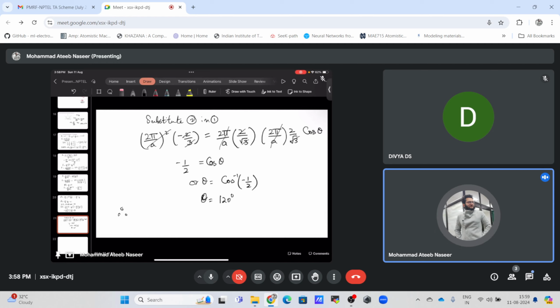So we can write it like this: the angle between A and B is 120 degrees. Okay, now what about A dot C?